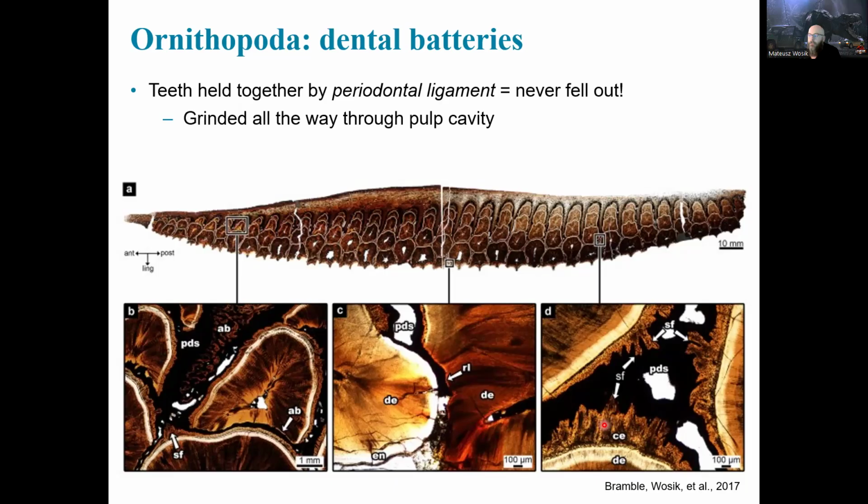At the same time, if we imagine this is a top-down view of their jaw, and we're seeing all the different teeth, they ground these teeth down to the very end. So they actually never shed these teeth, unlike how some people thought of this in the past in terms of research. This study that we did showed that they actually ground their teeth all the way down to the very end. So they never shed them.